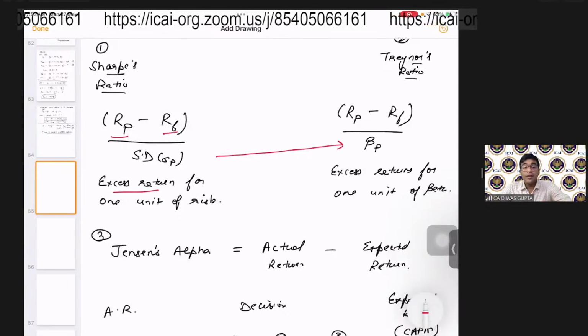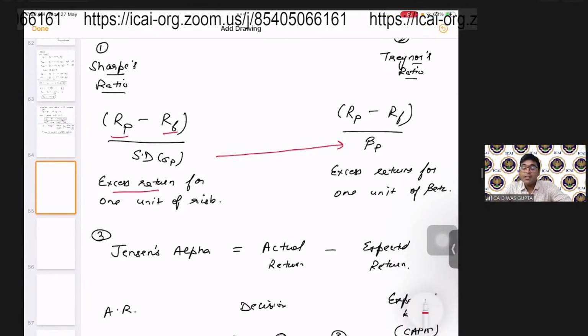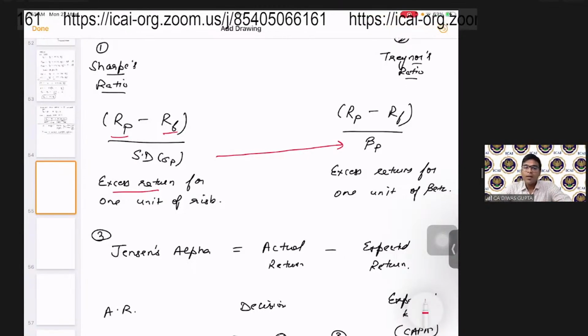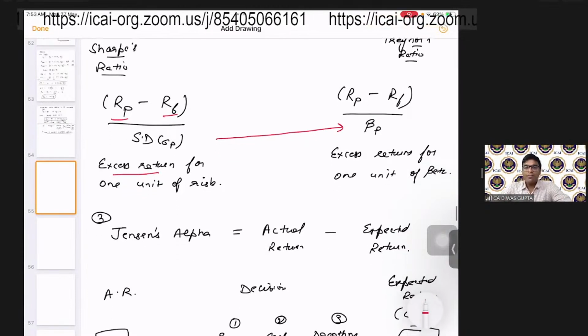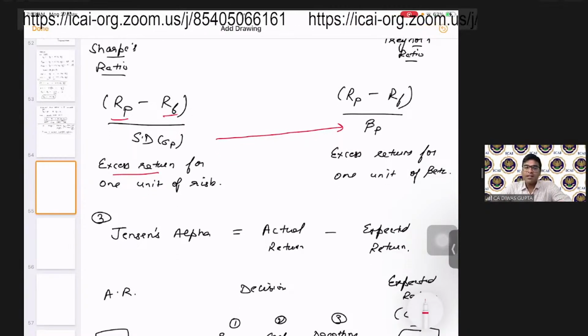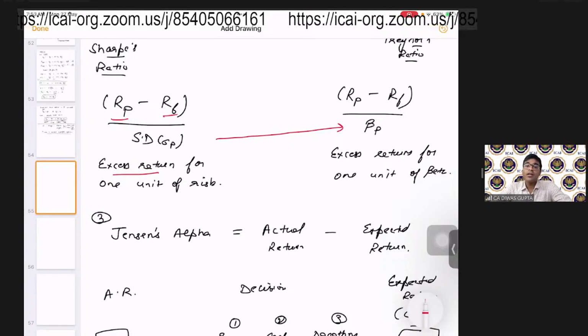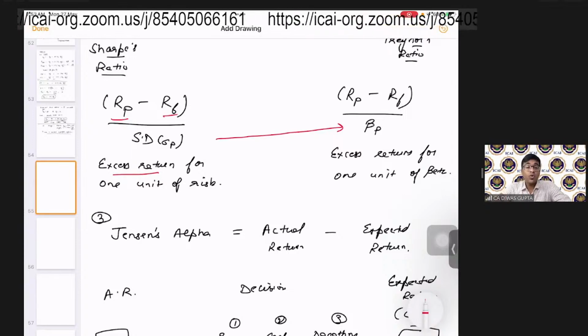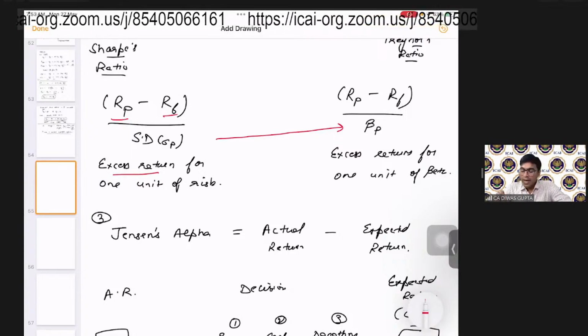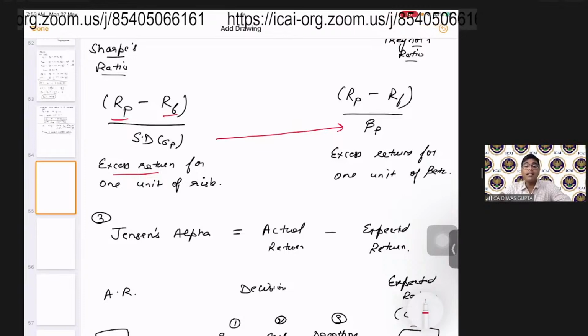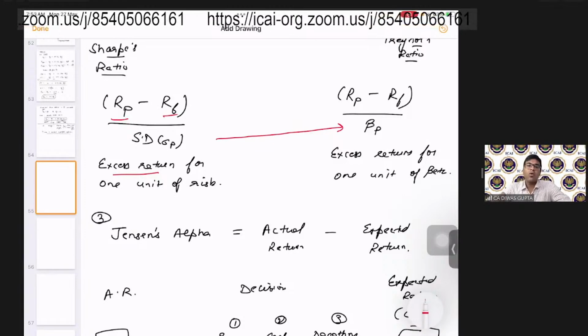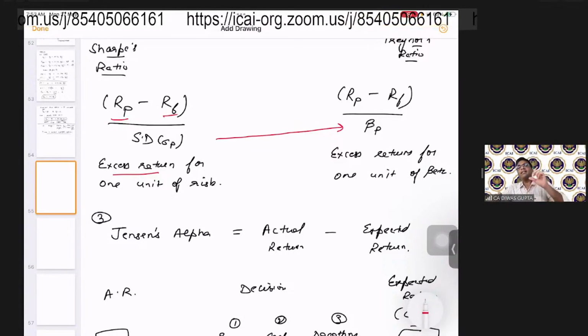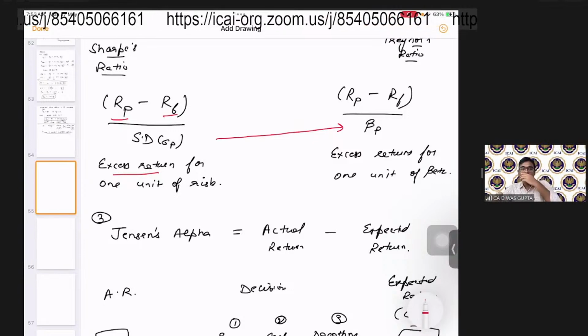So now, students, what is the difference between a standard deviation and beta? With our previous understanding, standard deviation is the holistic risk, the total risk, and beta only represents the systematic risk. Although it's not equal to systematic risk, it is representing the systematic risk.